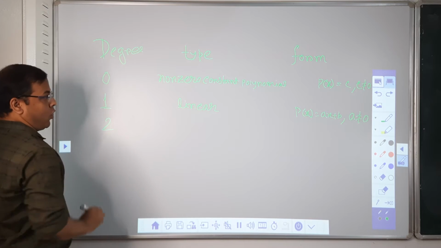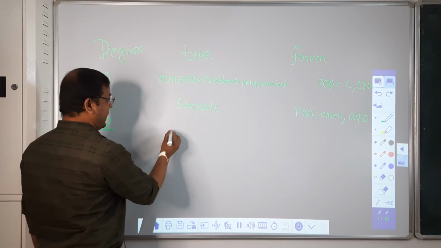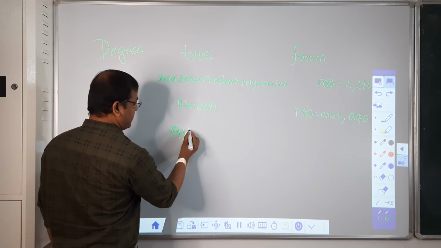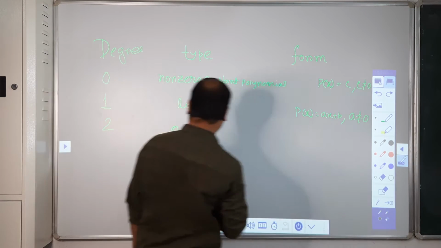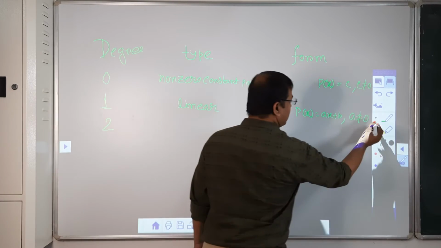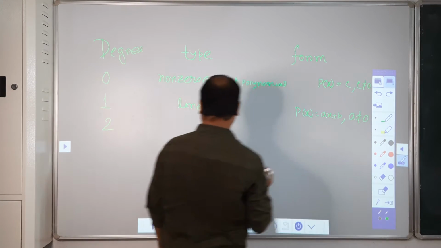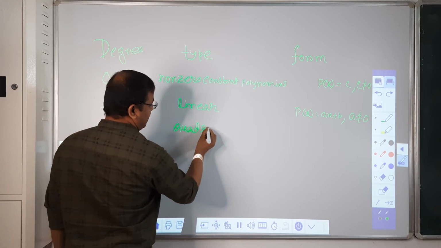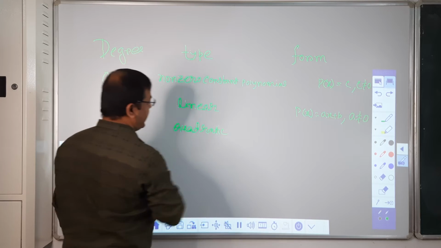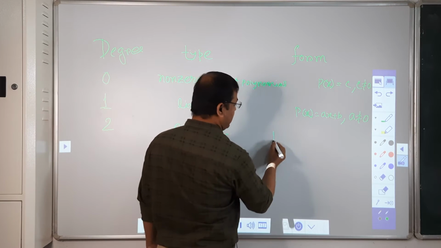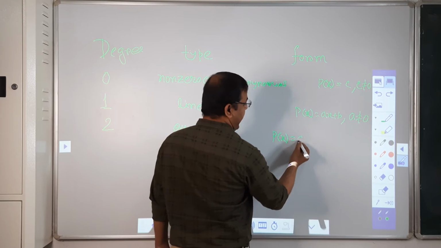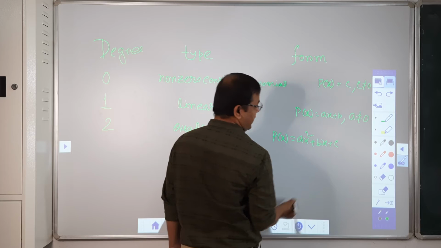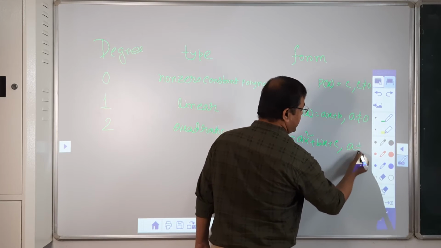If the degree of the polynomial is 2, then the polynomial is called a quadratic polynomial. What is the form? Ax square plus bx plus c. Obviously a is non-zero.